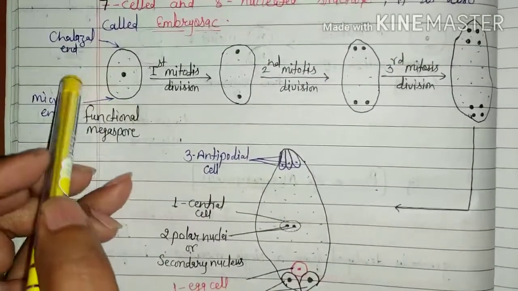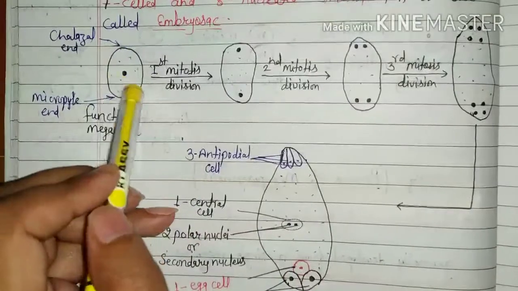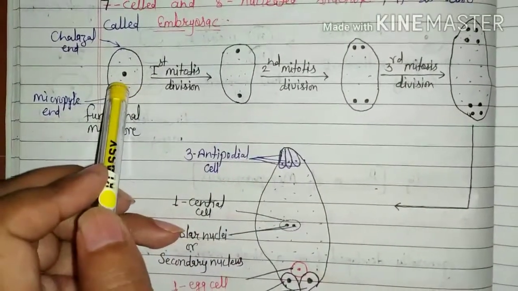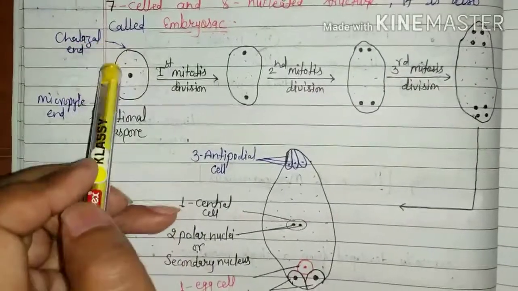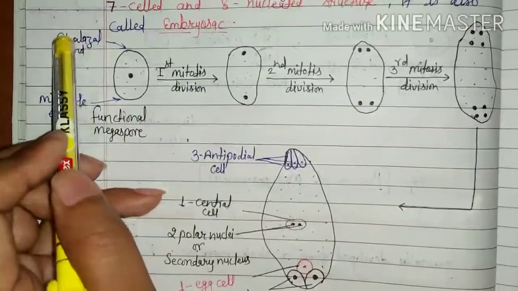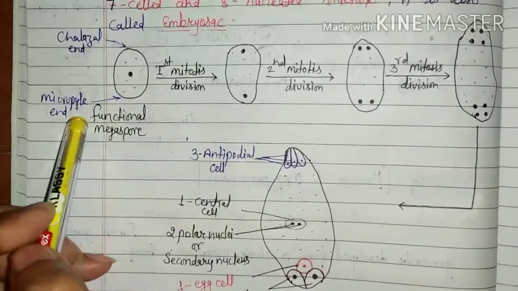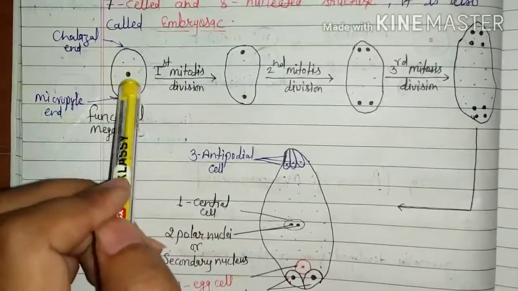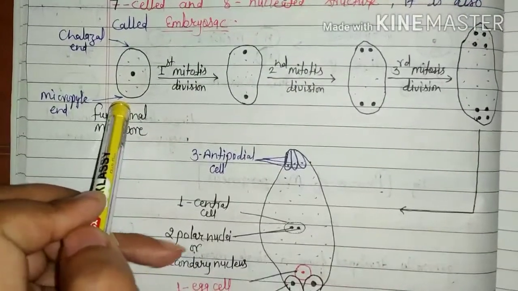It is the functional megaspore which is formed by the megaspore mother cell. The upper end is the chalazal end and the lower end is the micropyle, and it is located in the ovule.